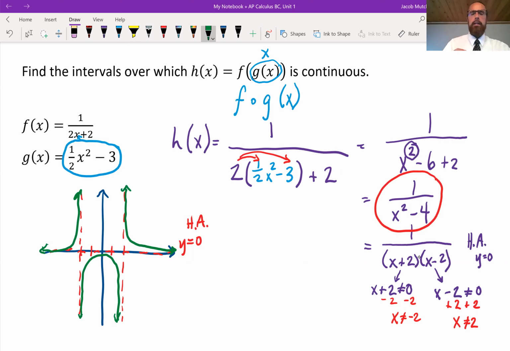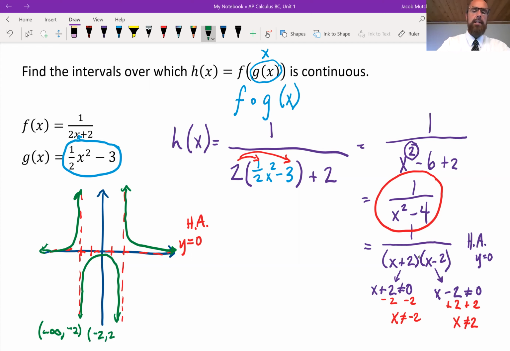So the intervals over which h of x is continuous, there are three intervals. The one interval here is going to be from -infinity, and I'm putting it in interval notation, up to what x value? -2. That's that left branch up in quadrant 2. In between here, it's continuous from -2 to +2.